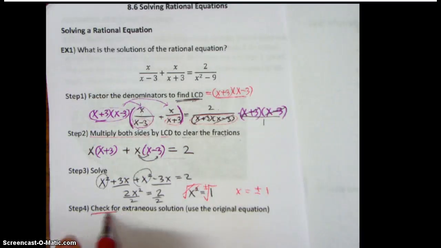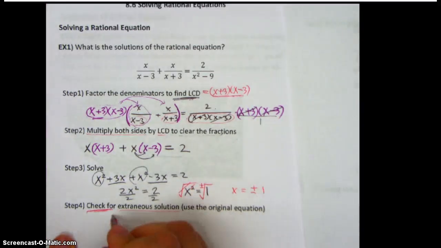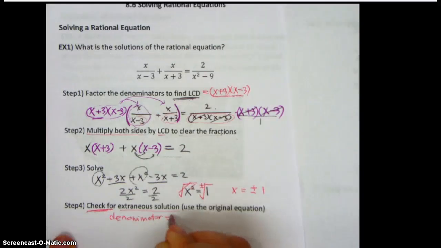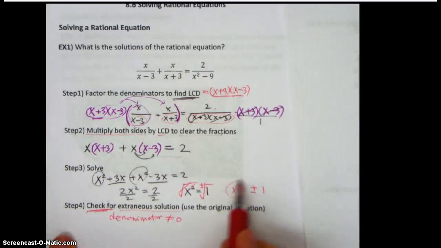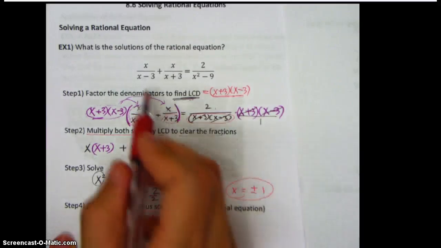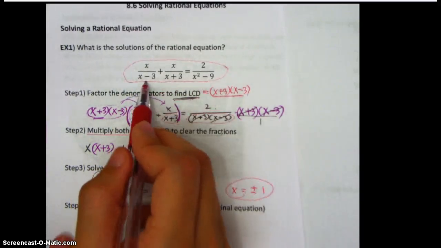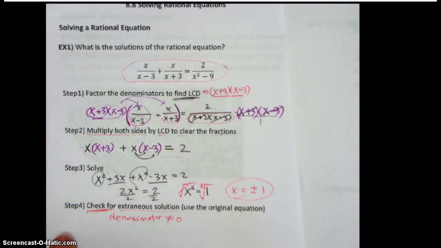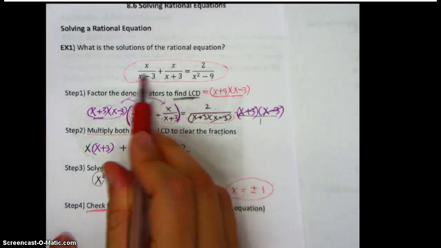The final step will be checking for extraneous solutions. The only thing you have to think about is that the denominator should never be 0. So if you plug positive 1 or negative 1 into the original equation, it should never create a 0 in the denominator.